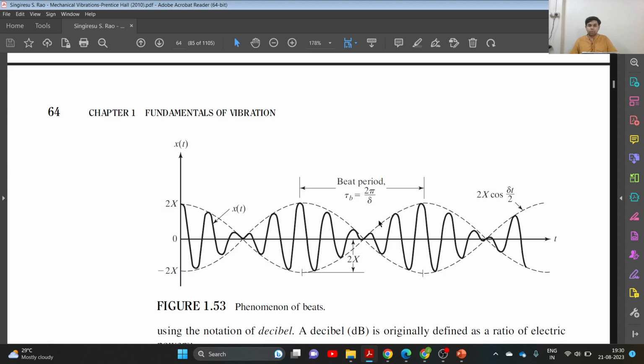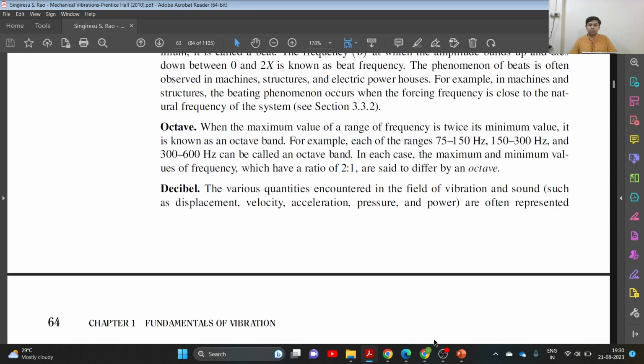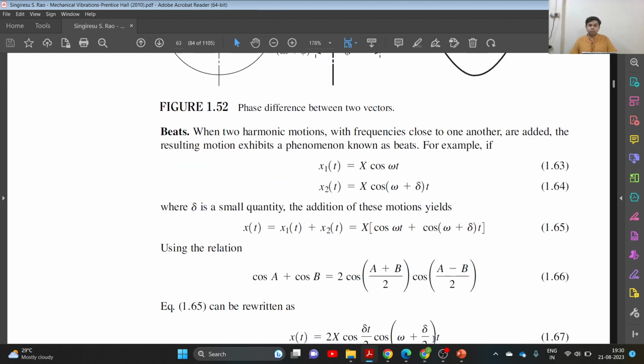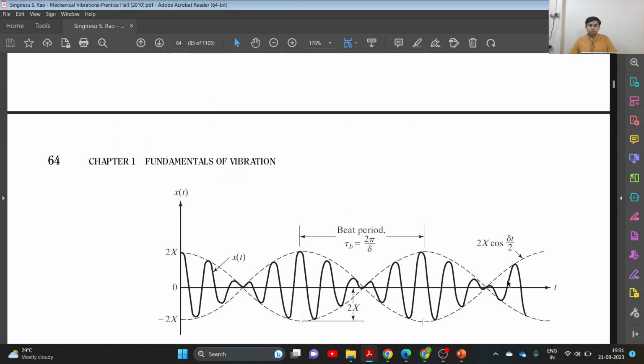Does that make sense? That it should be 2 pi by omega plus delta by 2, no, sir. No, that is basically the sine wave which is inside. Okay, sir.